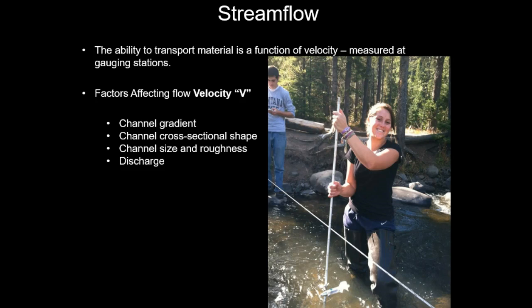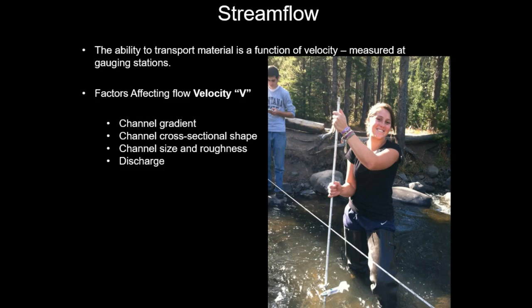Flow velocities are typically determined at gauging stations by averaging the measurements taken at various locations across the stream's channel. These velocities will vary pretty greatly depending on which part of the stream you are measuring. Some velocities will be as low as 1 kilometer per hour, while others may be as fast as 30 kilometers per hour.